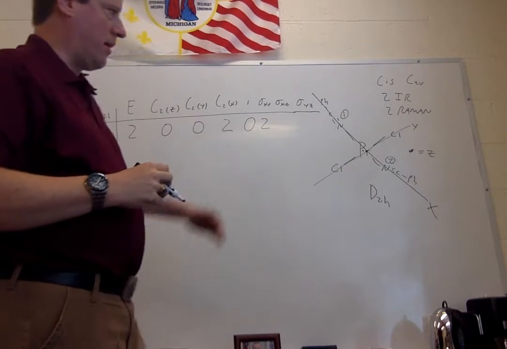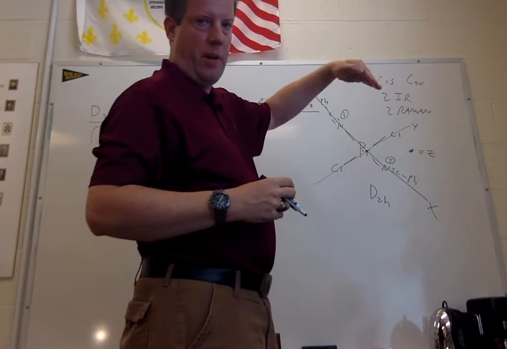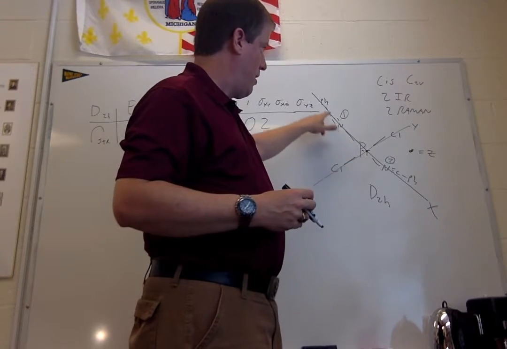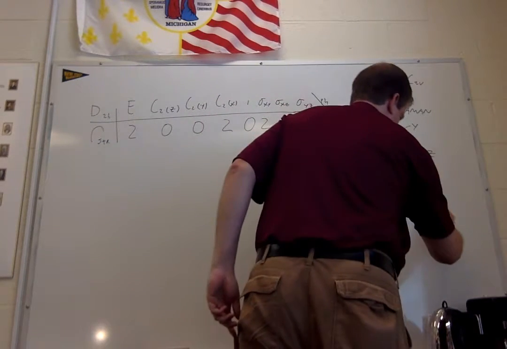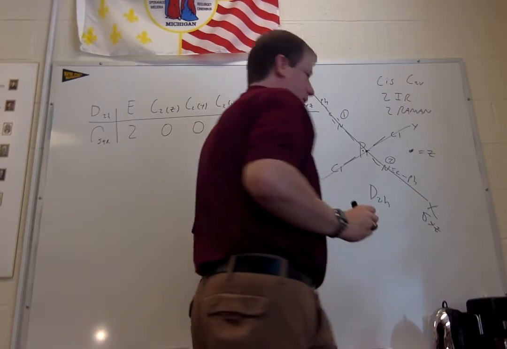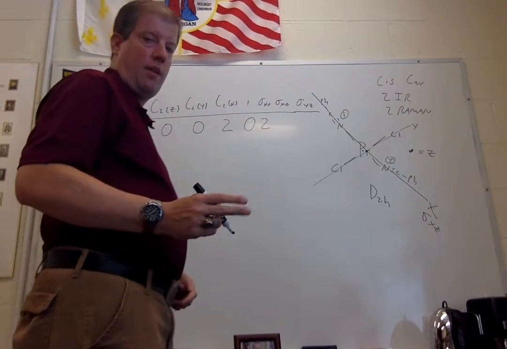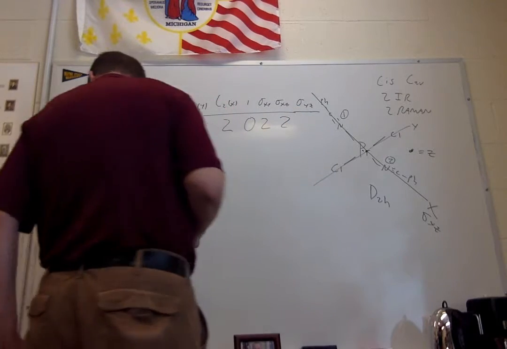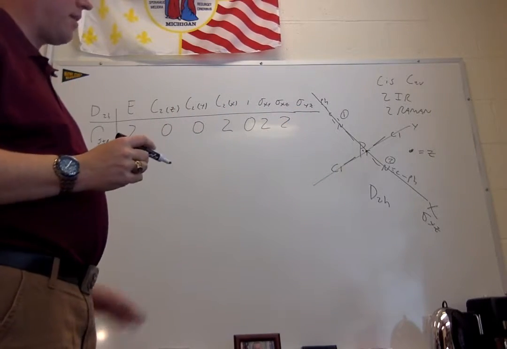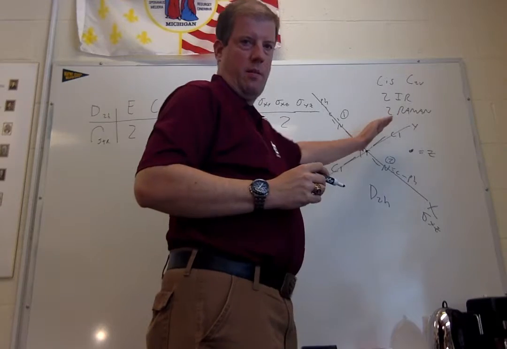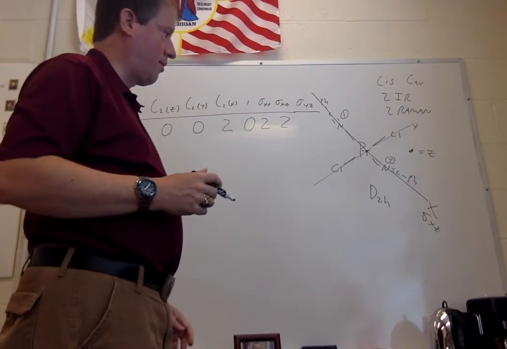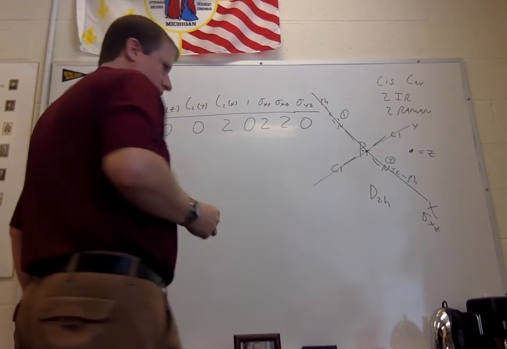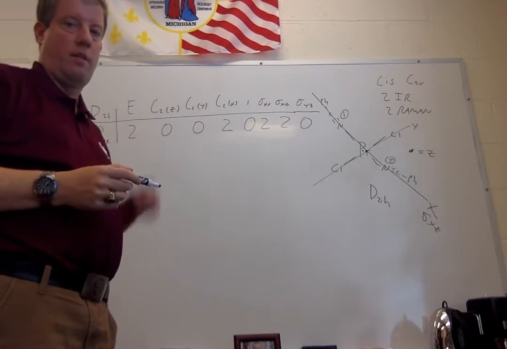The XZ plane, which is coming out of the board at you at a 45-degree angle, is this plane right here. That contains those two ligands, and so as a result, they don't move. But the YZ plane, which is at 90 degrees to that, does swap them once again. And that's a 0 for that.